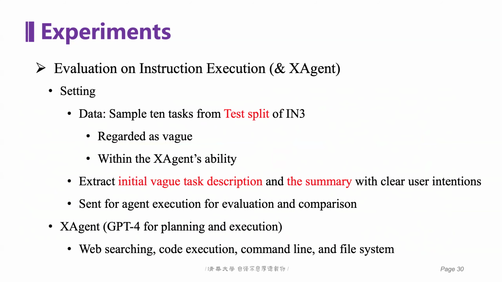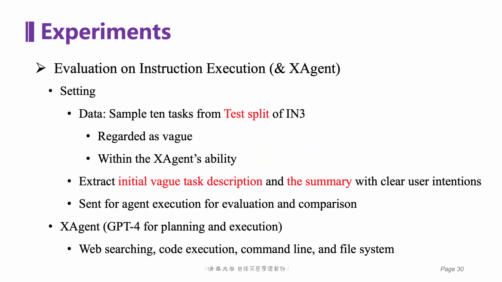So we will come to the next evaluation part. After evaluating on the instruction flow, instruction understanding, we now test on the model's instruction execution ability. As I have just said, this involves a real world task execution agent.